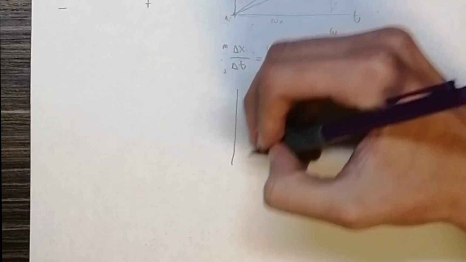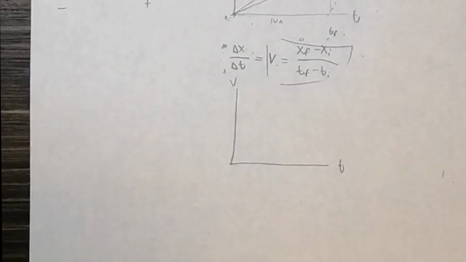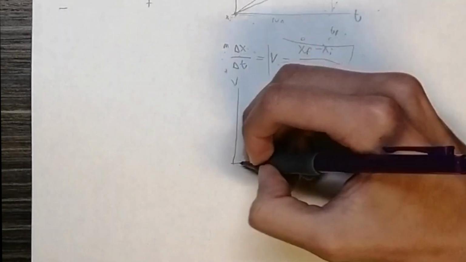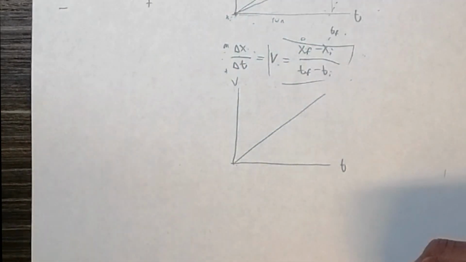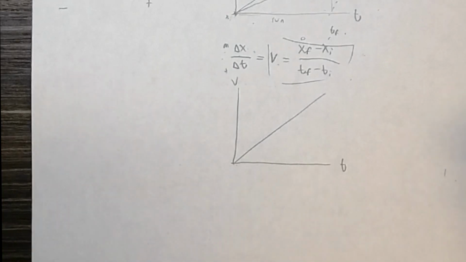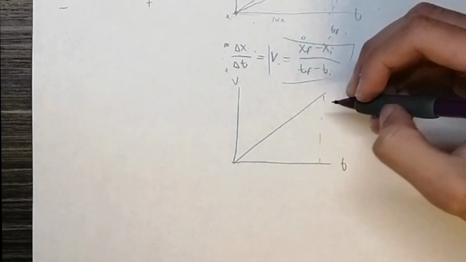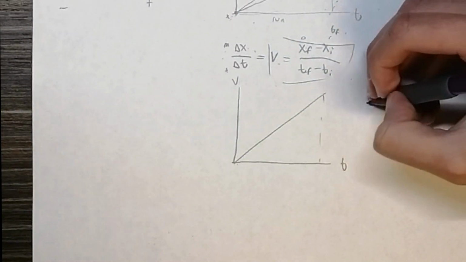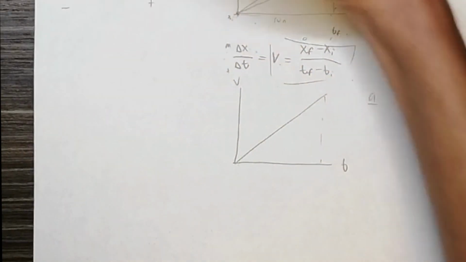Let's make a graph of time versus speed. So if we have time and speed, we'll say that since the slope is increasing slightly, maybe it looks like that. So now, what if we want to find the slope of this line to find the rate of change of the speed, also known as the acceleration? I'll label it as A. So that's basically how fast it is speeding up.